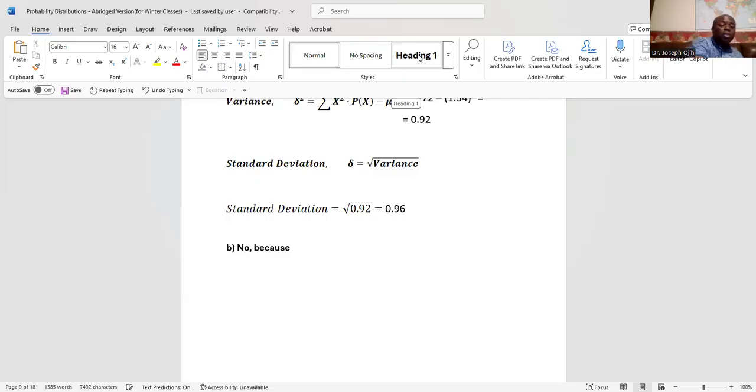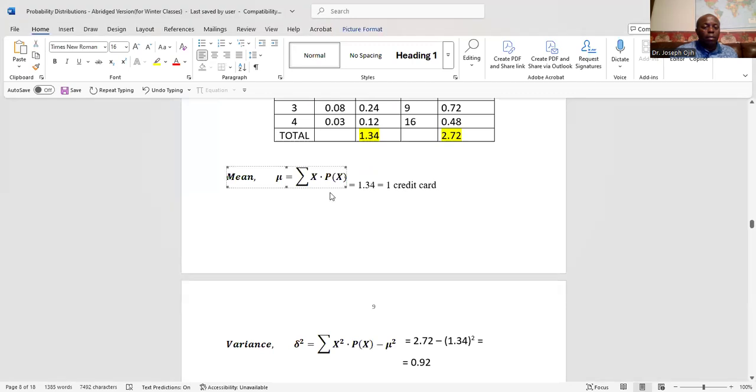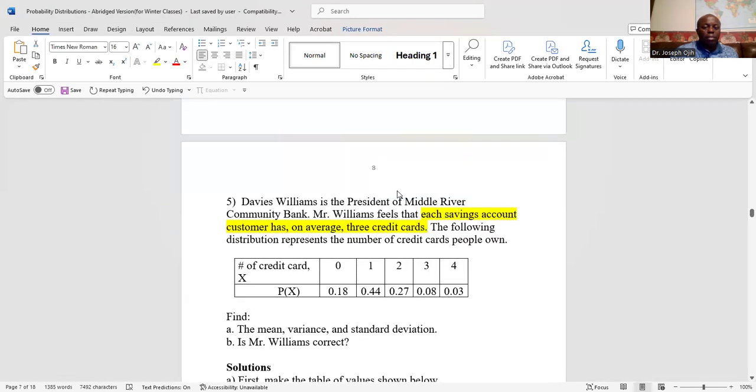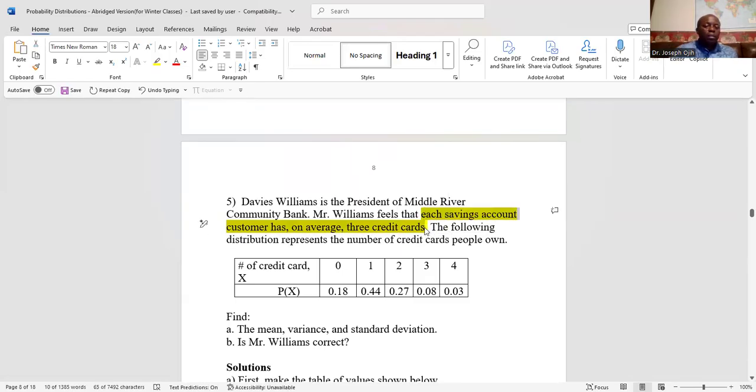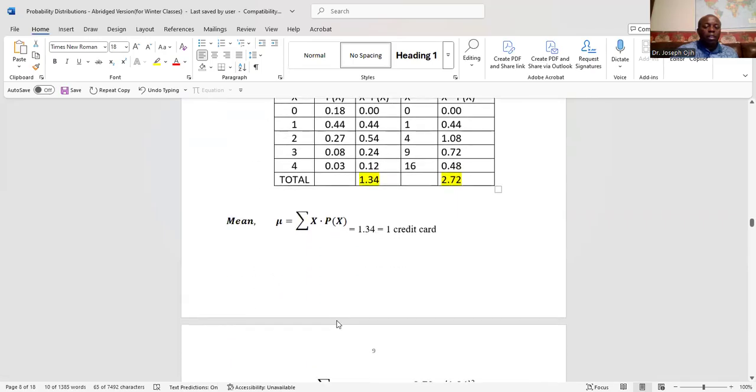His claim was that each of the savings account customers has an average of three credit cards.